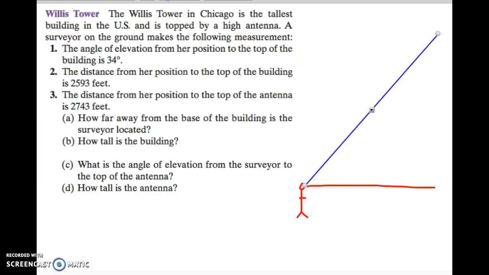The distance from her position to the top of the building is 2,593.